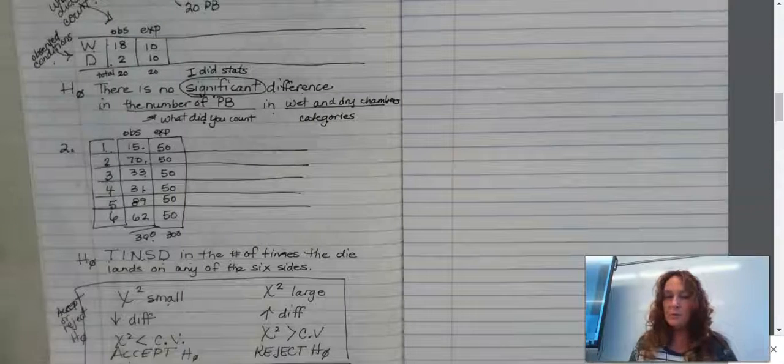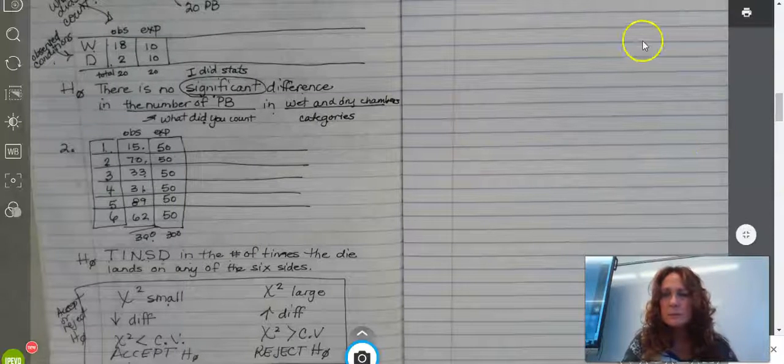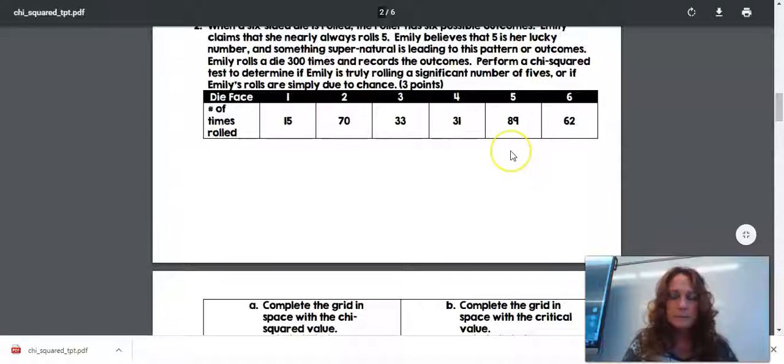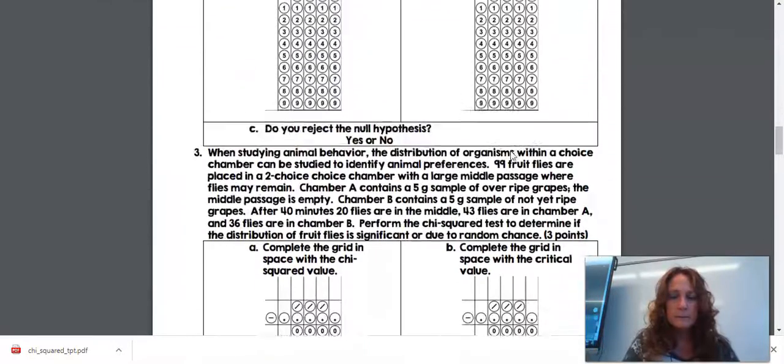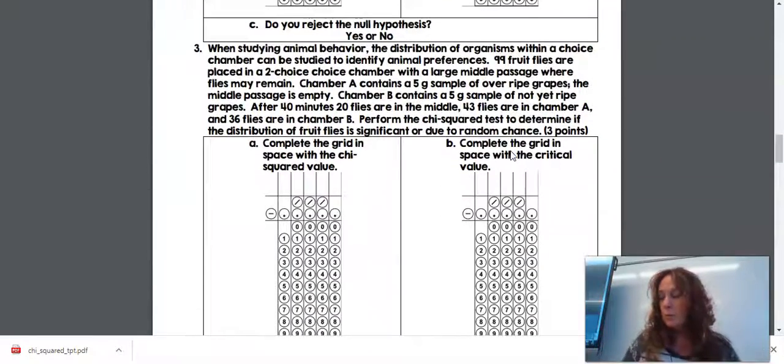Okay, so let's set the next one up. Back to pill bugs again. They're going to use a choice chamber. This time they're going to use the two-sided one that has the middle spot, and you're going to put ripe grapes on part A. So I'm going to draw this while I'm talking, and then you can see it when you come back.